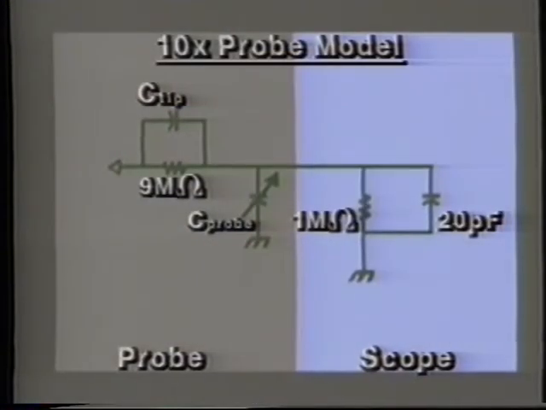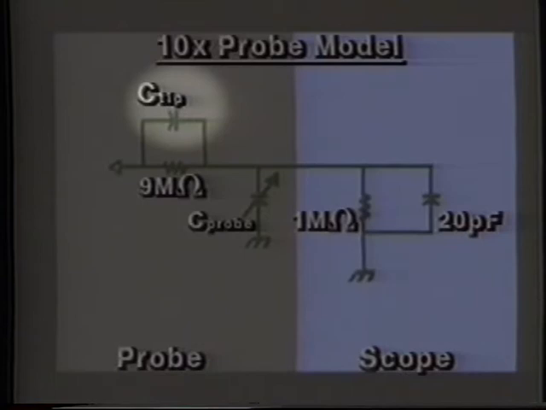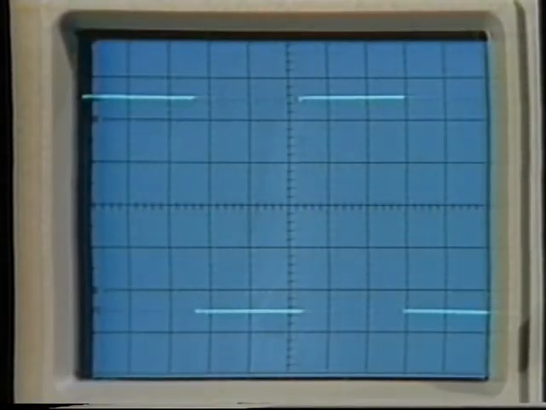If we look at a simplified model of a 10x or attenuating passive probe, we see its 9 megohm resistor and the 1 megohm resistor in the scope input. It looks a lot like our voltage divider, functioning as a 10x voltage divider at DC. The difference is a capacitance shunting the probe resistor. Now, a square wave contains all odd harmonics above its fundamental.